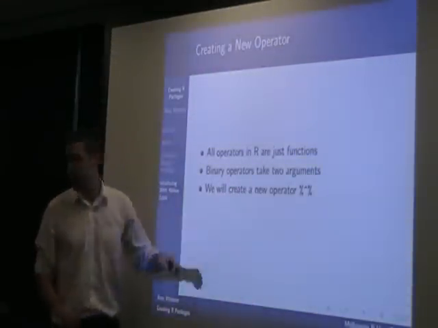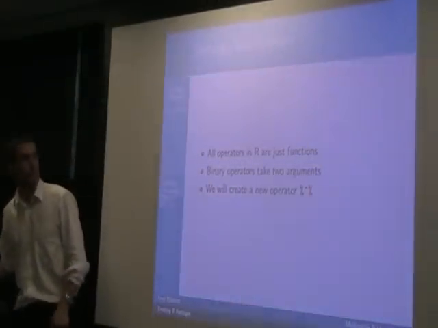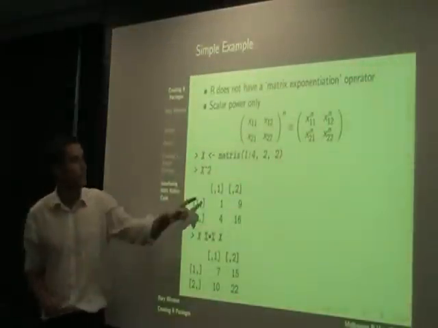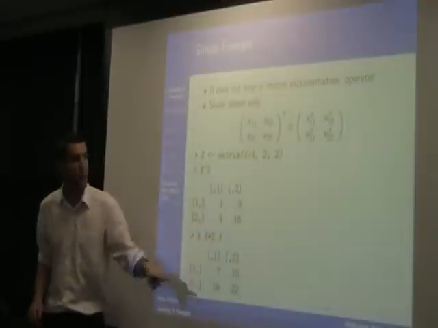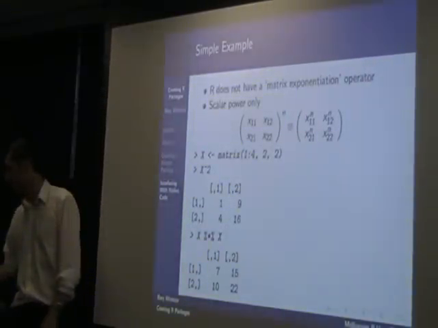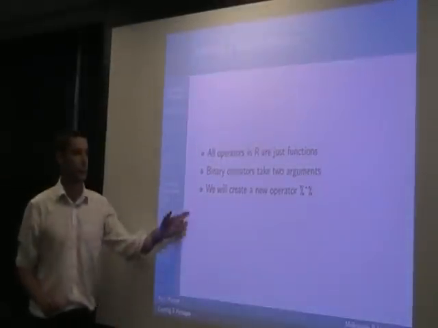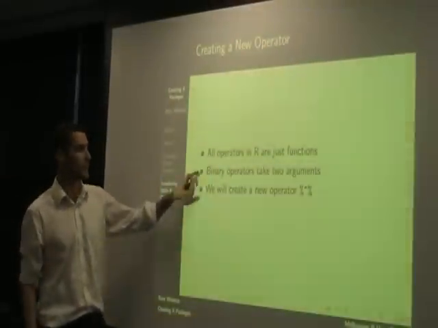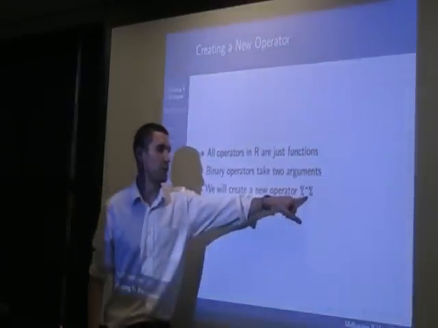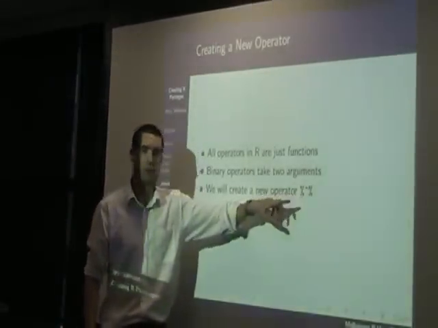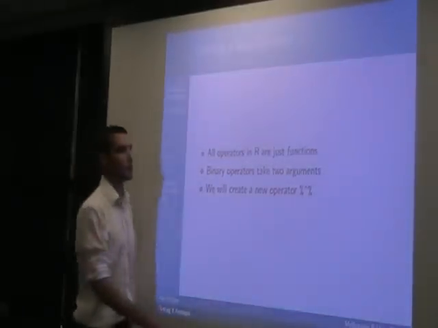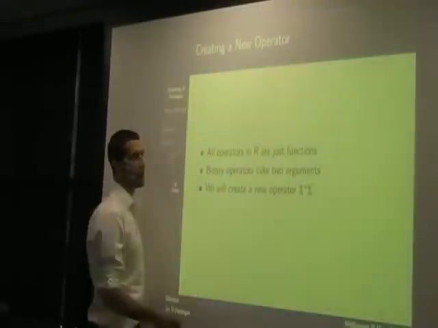The operators that I showed you here, for instance the squaring operator and the matrix multiplication operator, are just functions, and they just take two arguments: what's on the left and the right hand side. So I'm just going to create a new function, and I'm going to put two percentage signs around it to align with the rest of the matrix functions. And I'm going to say it's a matrix squaring function.